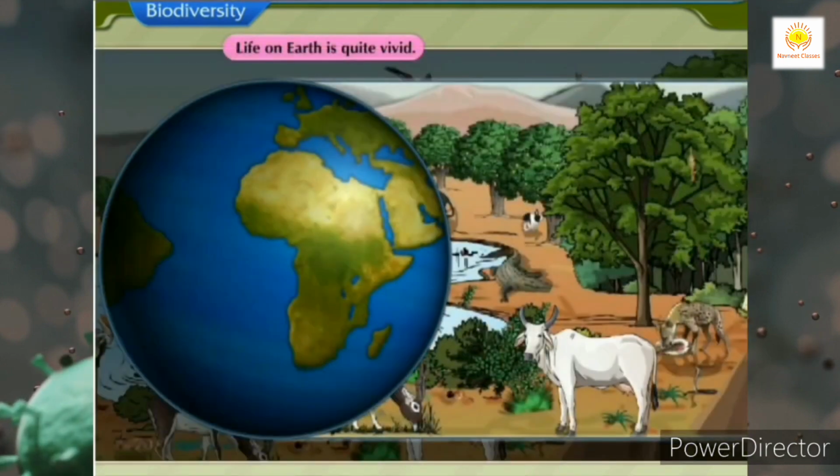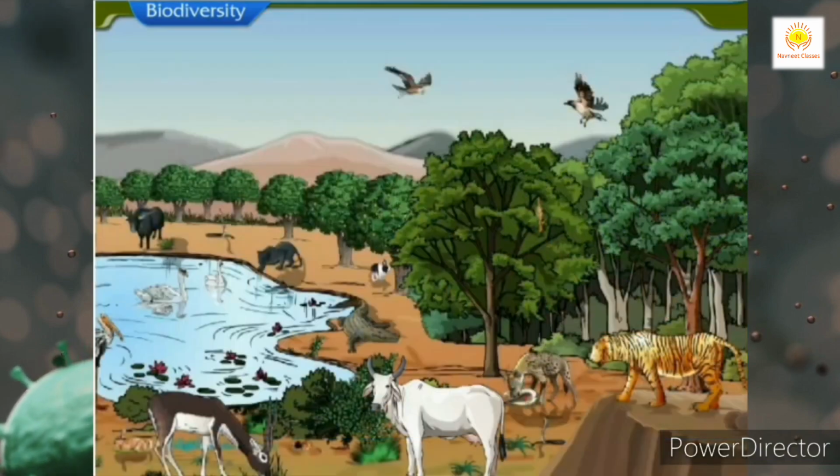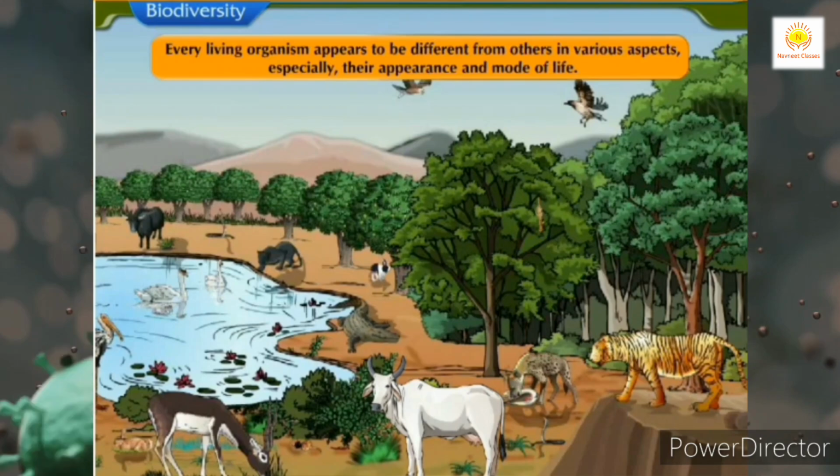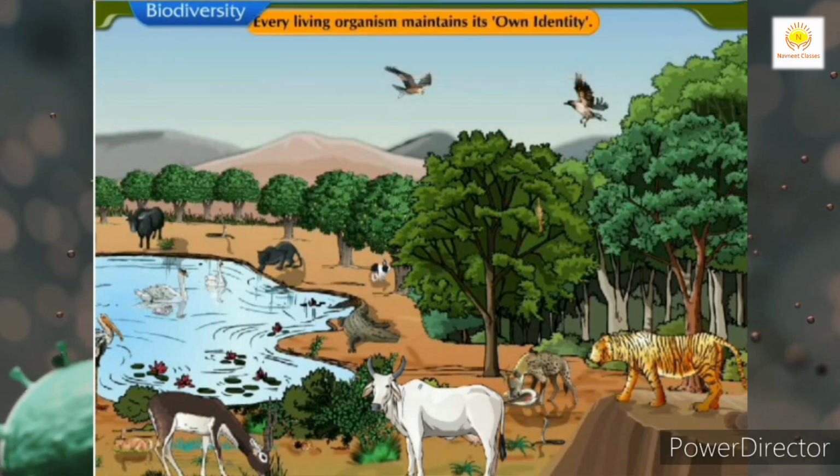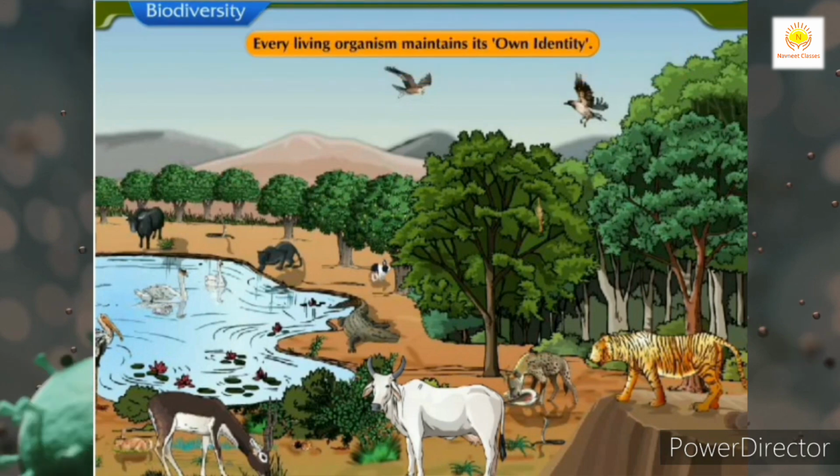Life on Earth is quite vivid. That is, we get a variety of living organisms. Every living organism appears to be different from the others in various aspects, especially their appearance and mode of life. Every living organism maintains its own identity, that is, uniqueness.